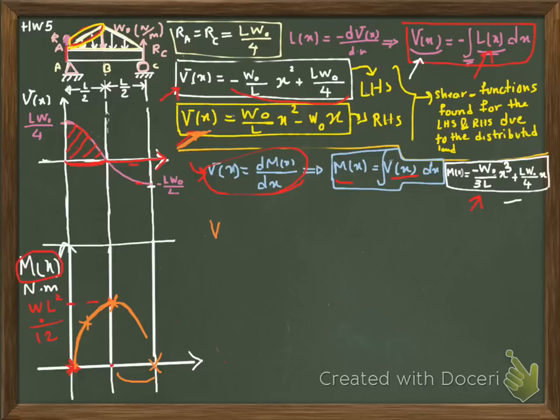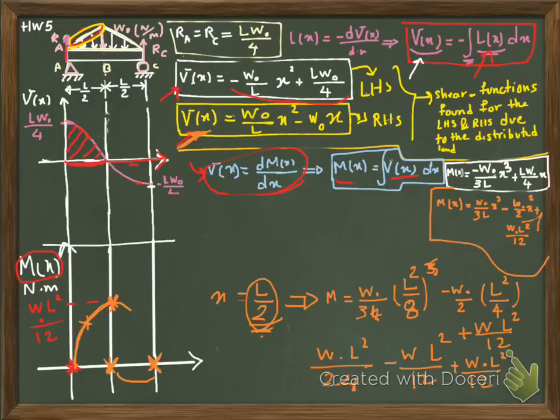Okay, so Vx is... so mx for the right hand side is going to be the integral of that yellow equation up there, w naught over L x squared minus w naught x, again dx. Okay, that is going to give whatever that gave.